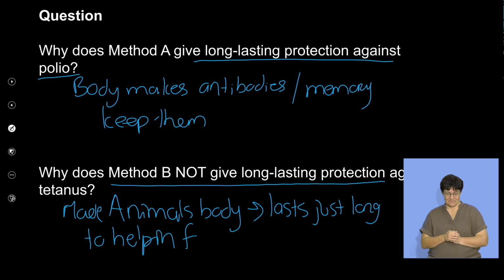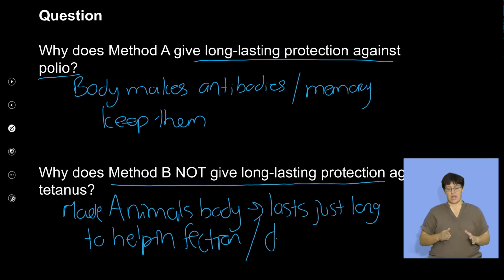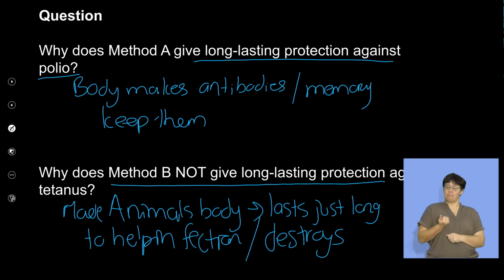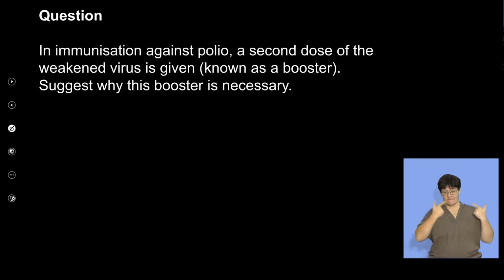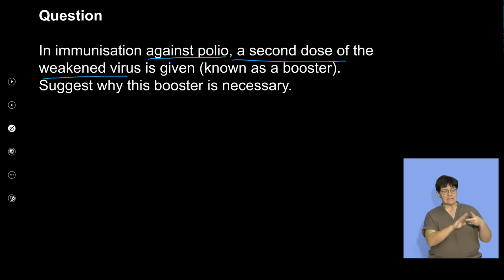After that, our body breaks it down or destroys it. We don't keep a copy for as long. The tetanus one sometimes can last us for up to 5 years, but the polio will usually last us a whole lifetime.